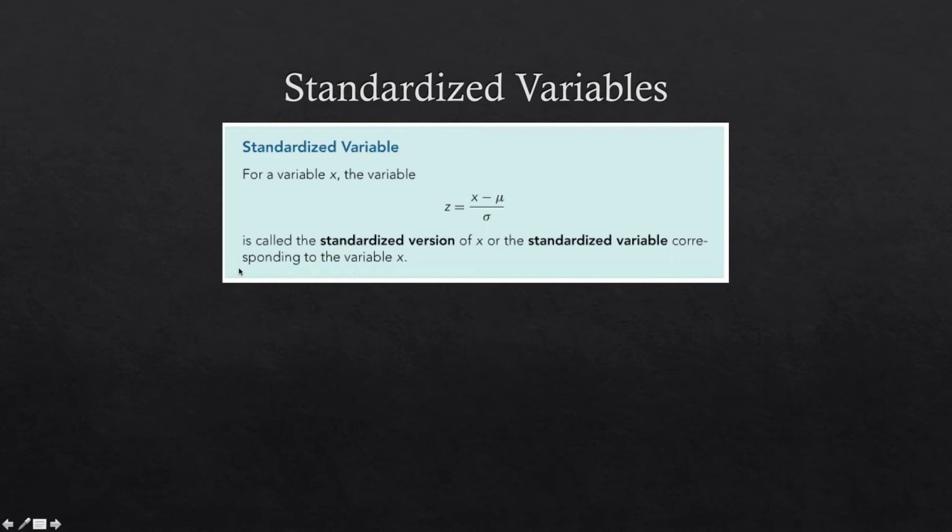All right, so standardized variables. z equals x minus mu over sigma. Okay, this is our standardized variable. Now, why do we do this? Think about it.